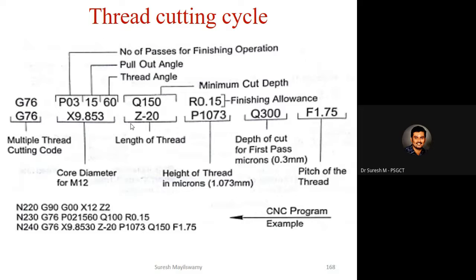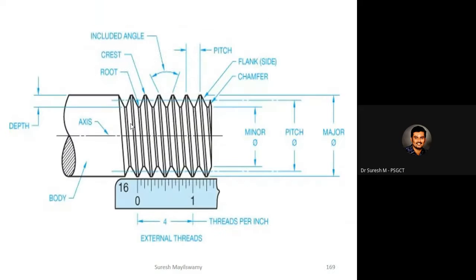The length of the thread is given in the Z parameter, the height of the thread in microns is given in the P parameter, the depth of cut of the first pass in microns is given in the Q parameter, and the pitch of the thread is given in the F parameter. Up to this, F was the feed rate. In a thread cutting cycle, F is the pitch. That is the difference in threading cycles.